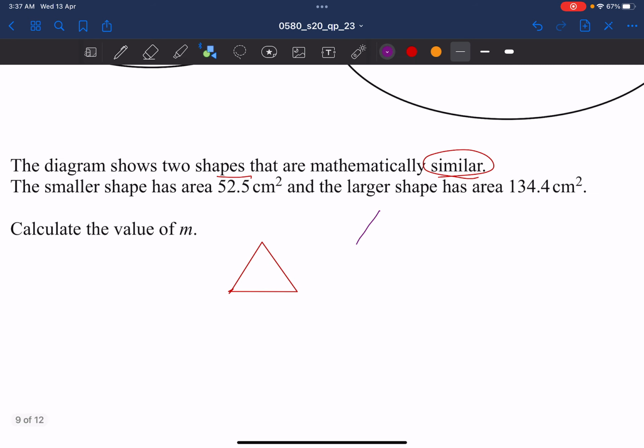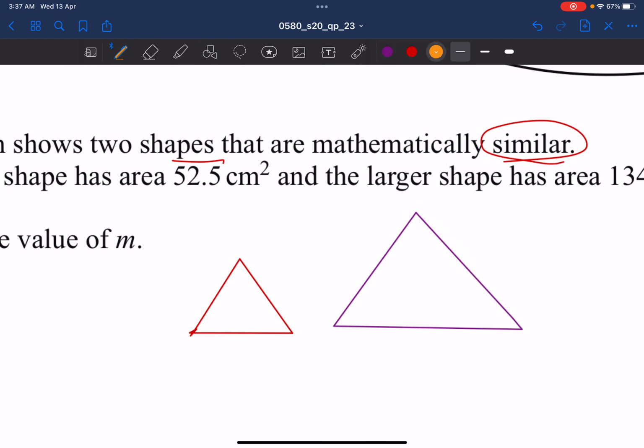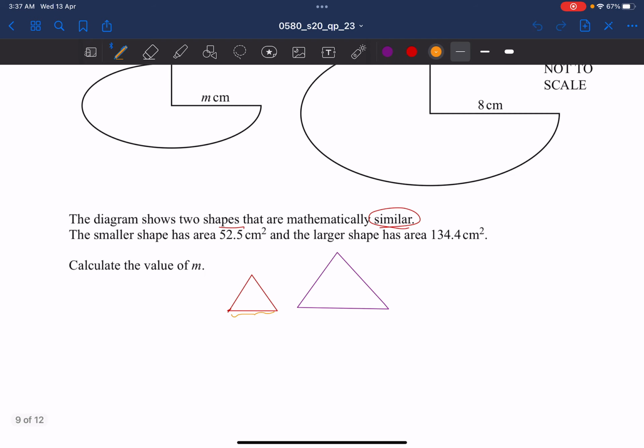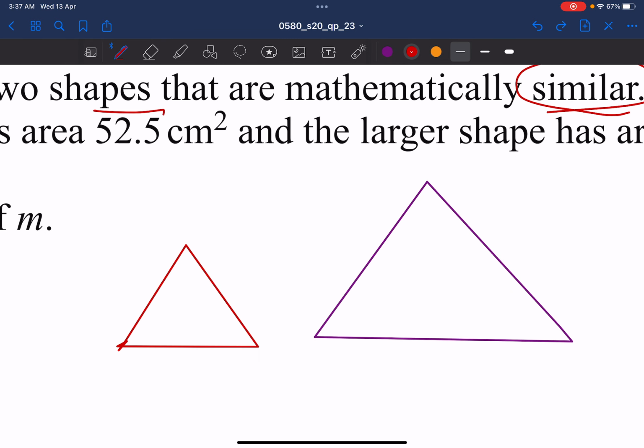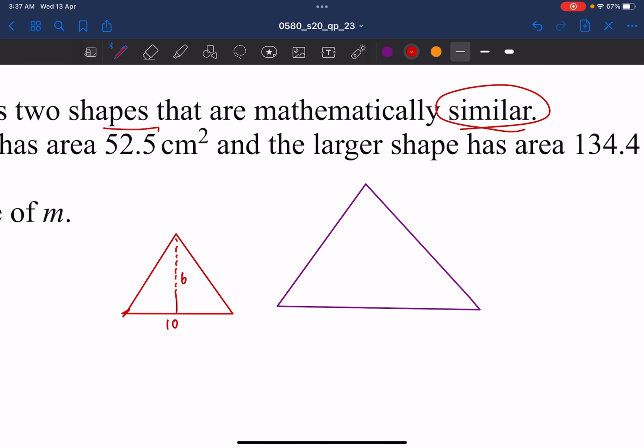Let's say we assume these two triangles are similar, and for this triangle the side length here is 10, and the height here is 6. They are similar, so their corresponding sides will be in the same ratio. Let's say this is 20, so of course this will be 12.